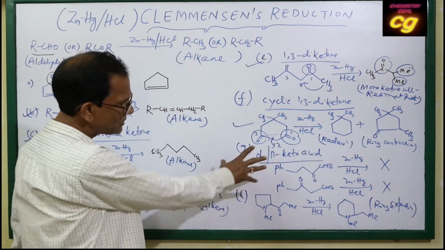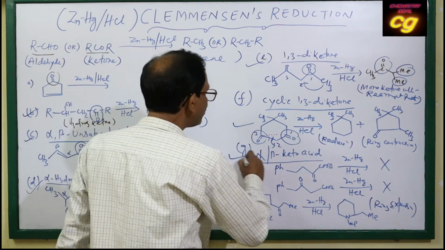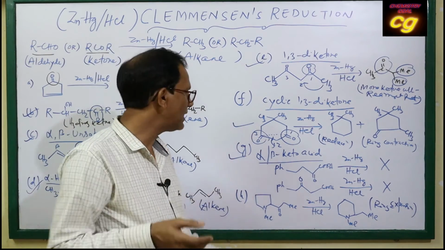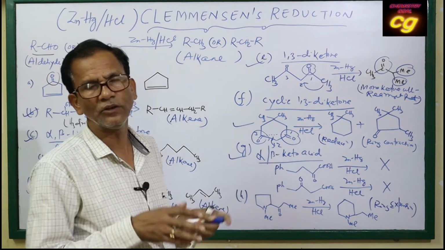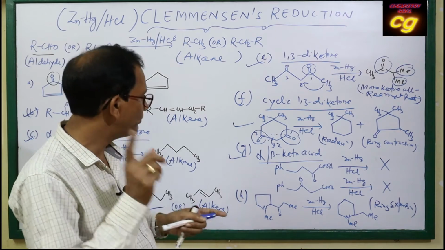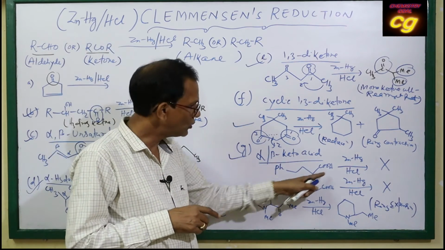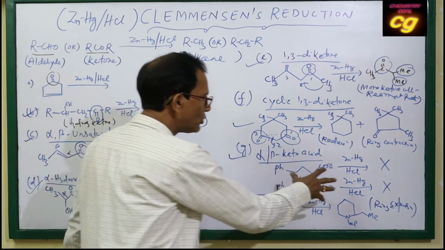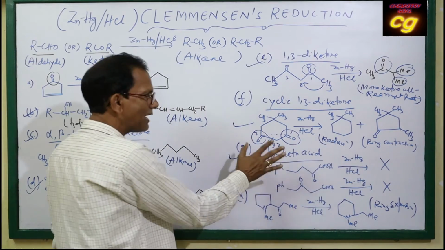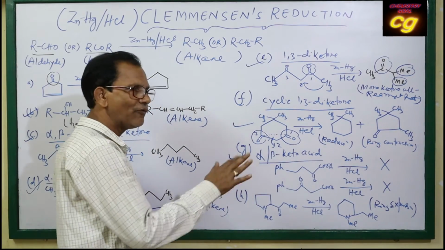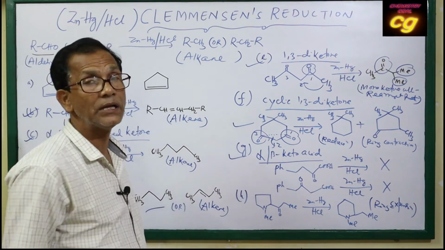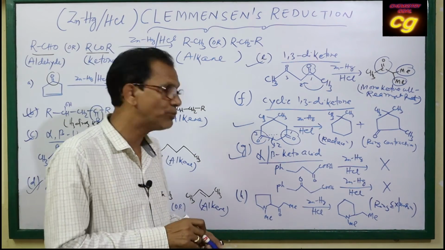Okay, then another important reaction is with alpha or beta keto acids. If the organic compound is an alpha or beta keto acid, it cannot be reduced by zinc amalgam HCl. You have to remember, this is very important.